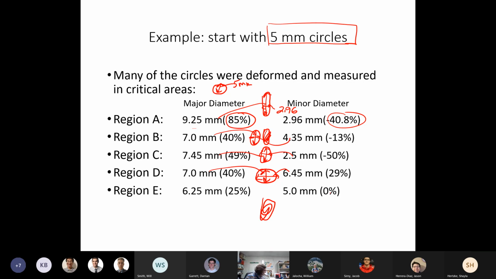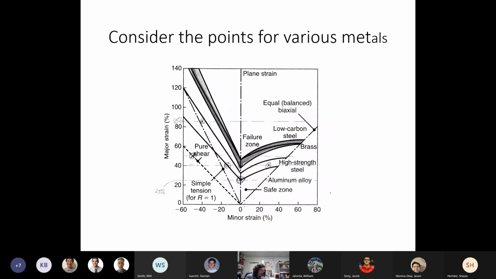So now let's plot it on our forming limit diagram. Here, let's kind of look. We have point A, 85, negative 40. So here we have A. B is positive 40, negative 13.